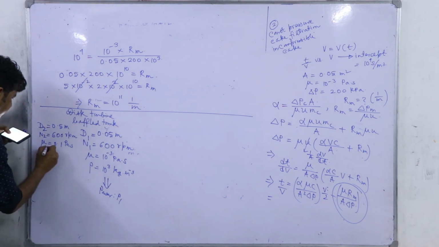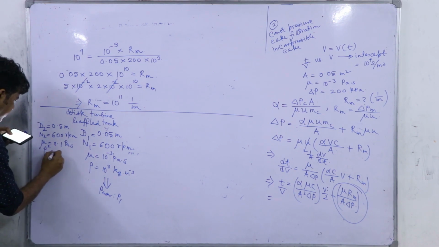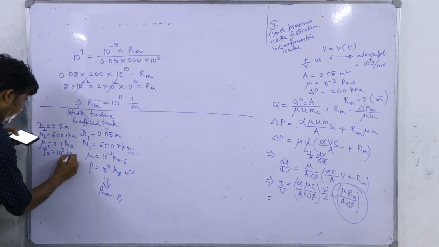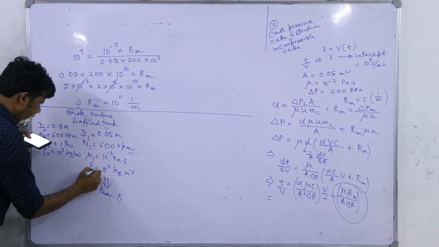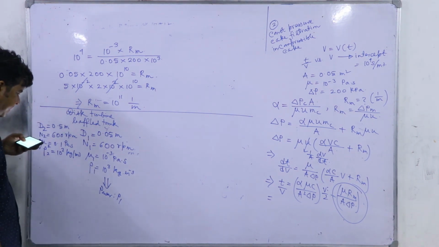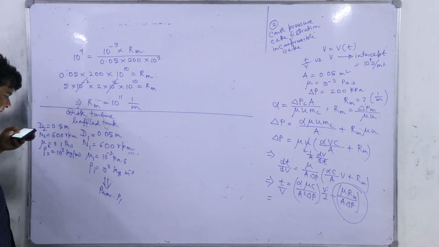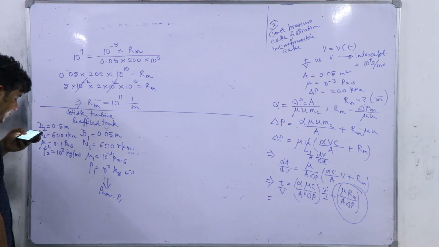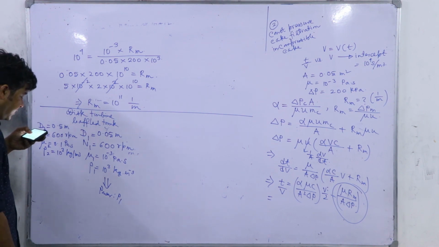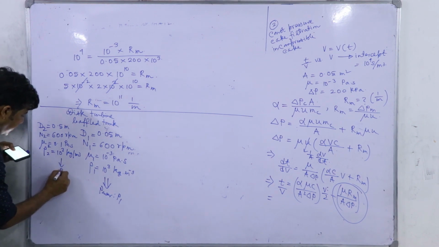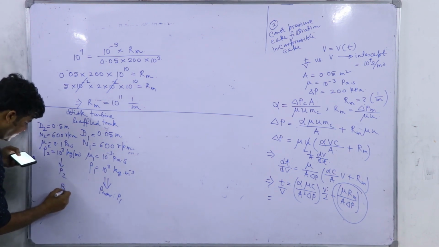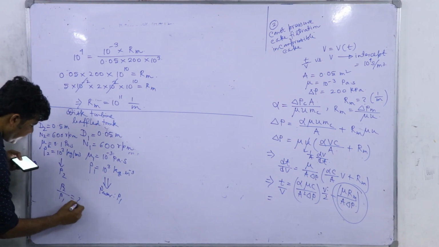And the density rho 2 is again 10 to the power 3 kg per meter cube, same as rho 1. So the effect of gravity is negligible. If the power required in the lab scale model is P1, then the power for the actual application is P2, and we have to find the ratio of P2 by P1. Right.